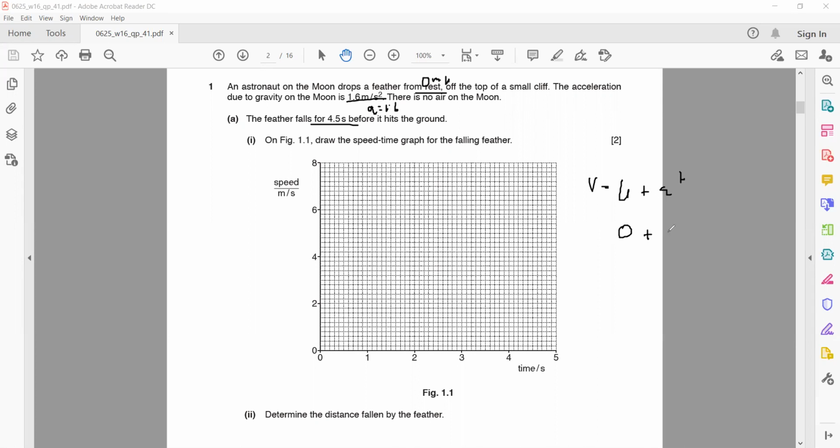Initial velocity is 0, acceleration is 1.6, and the time is 4.5 seconds, so multiply by 4.5. When we multiply 1.6 by 4.5, that will be 7.2 meters per second. So when the time is 4.5, the speed is 7.2.